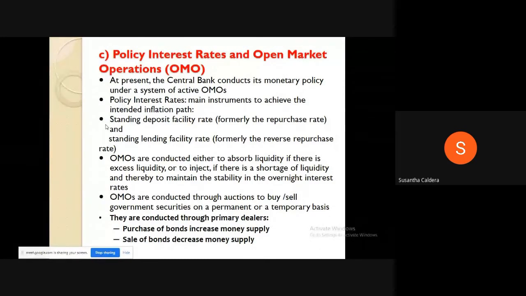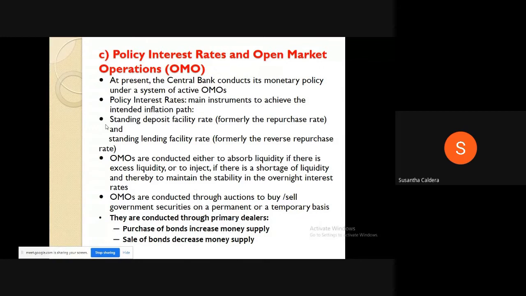Policy interest rates are the main instrument to achieve the intended inflation path: the standing deposit facility rate, formerly the repurchase rate, and the standing lending facility rate, formerly the reverse repurchase rate.